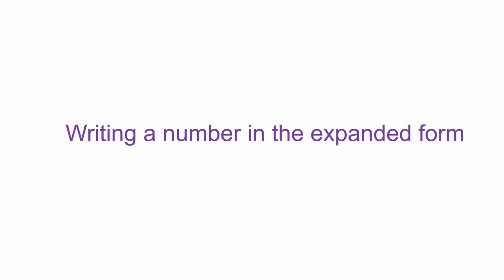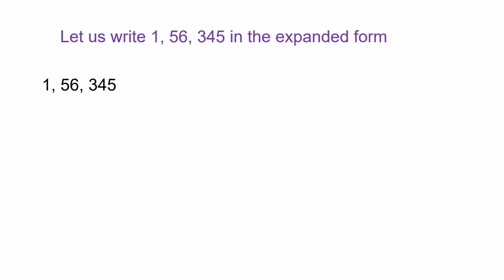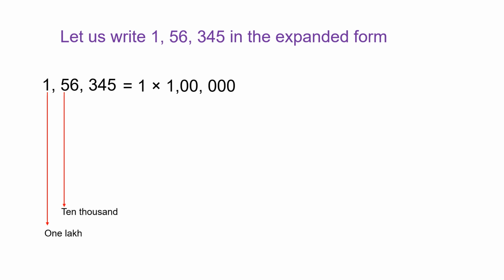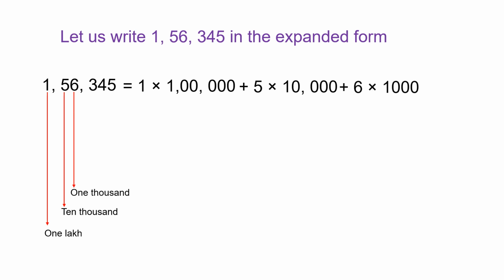Writing a number in the expanded form. Let us write 1,56,345 in the expanded form. 1 is in 1 lakh's place. So its place value is 1 multiplied by 1 lakh. 5 is in 10,000's place. So its place value is 5 multiplied by 10,000. 6 is in 1000's place.